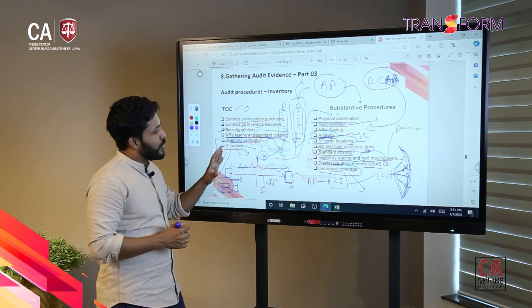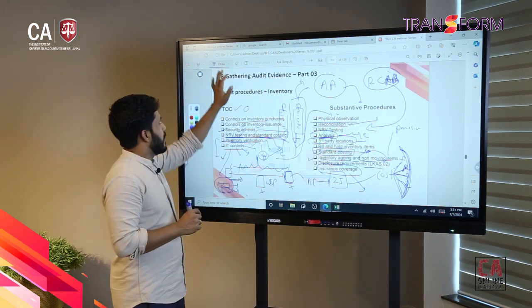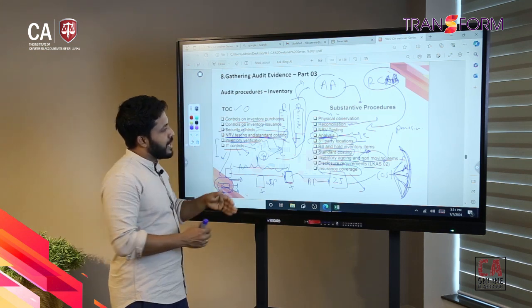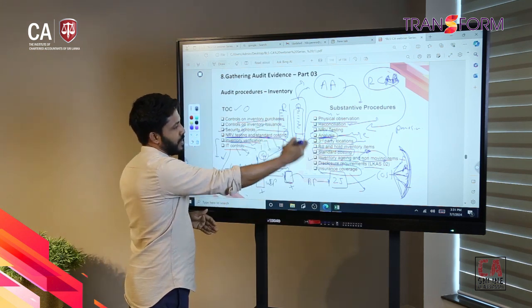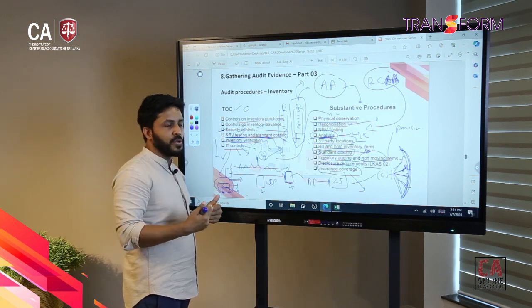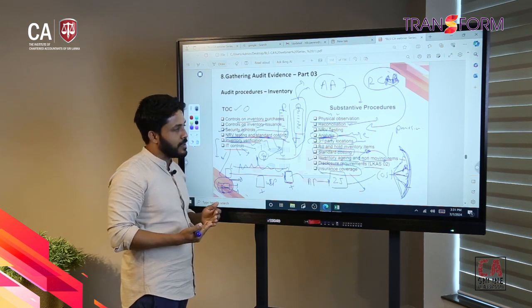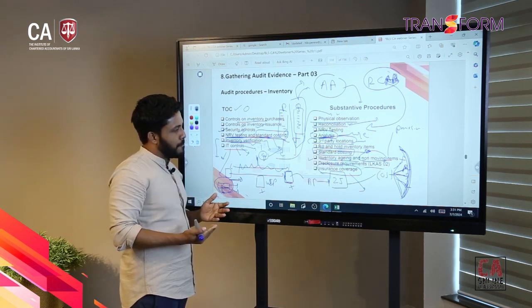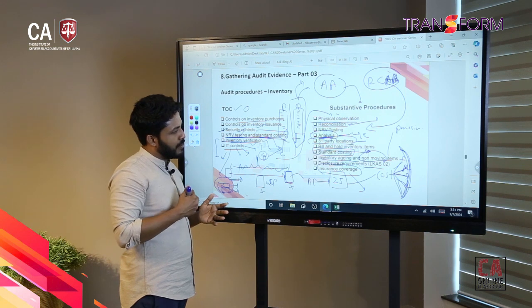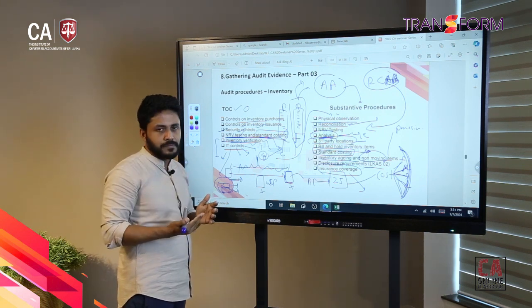So that's how you have to ensure the inventory balance as an auditor, right? So other than these substantive procedures, according to your business, according to your audit, you can decide other substantive procedures as well. Let's say you are dealing with a different company, like a hotel company.